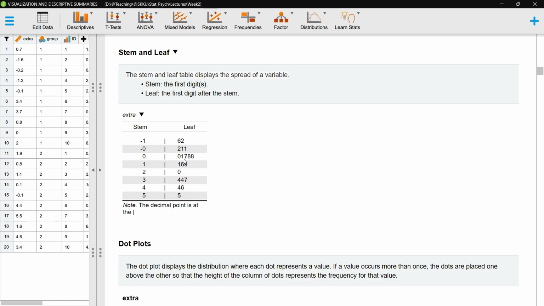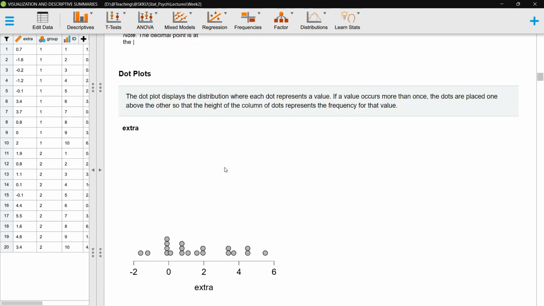And a single 7, and the 2 of 8, 8, which are 0.8, here and there, and 0.7 just once. Okay? This is the way to read the stem and leaf plot.